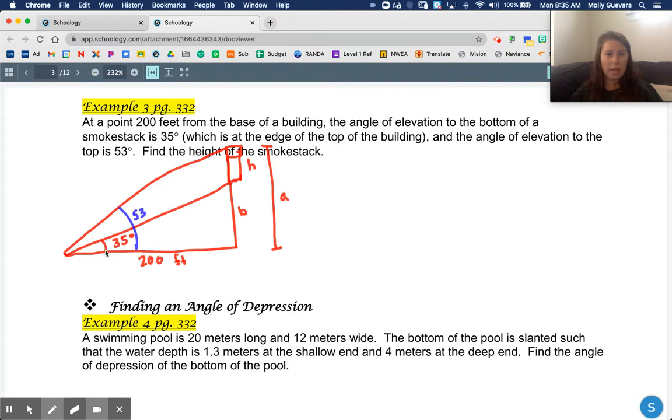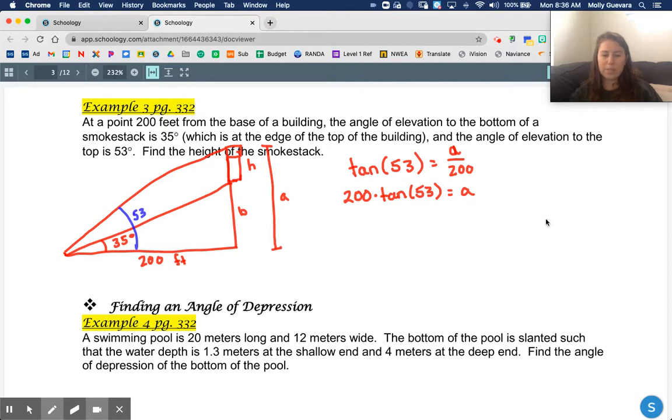So A is opposite, 200 is adjacent, so it's tangent. So I'm going to do tangent of 53. Remember, I'm finding A, so it's using the whole thing, is equal to opposite over adjacent, right? Times both sides by 200, so I get 200 times tangent of 53 equals A.